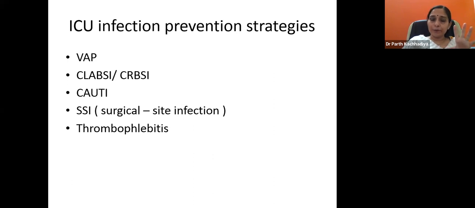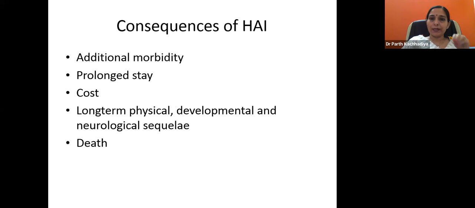So these are the 5 main hospital acquired infections which we see in the hospital, more in the ICU setting.